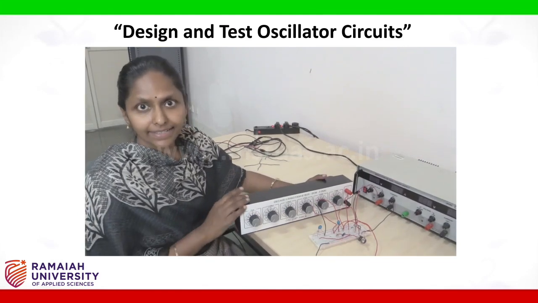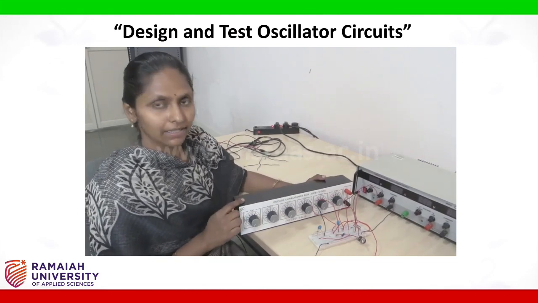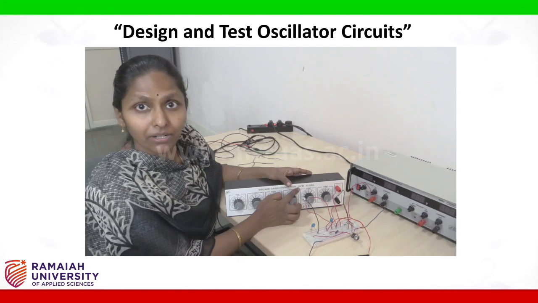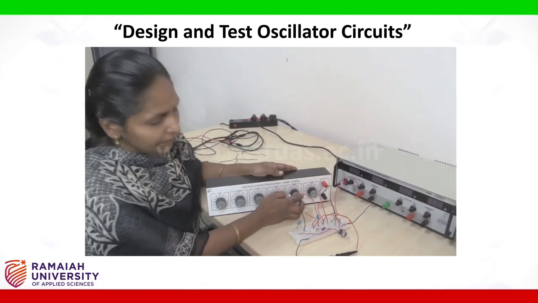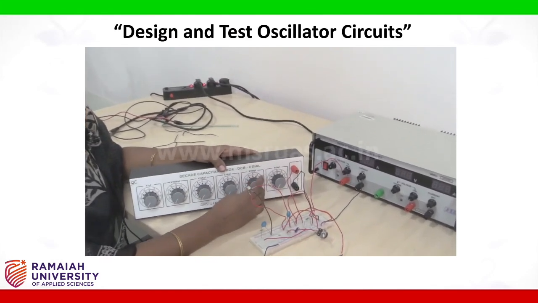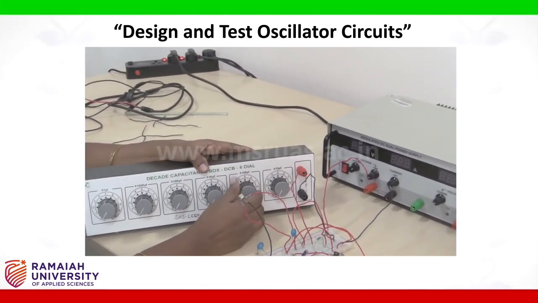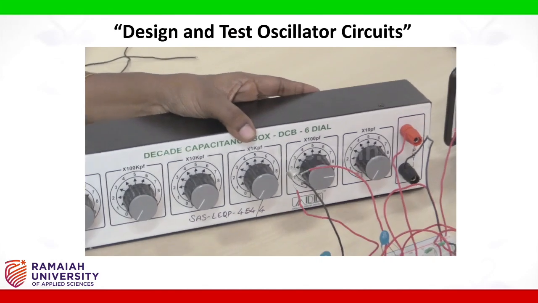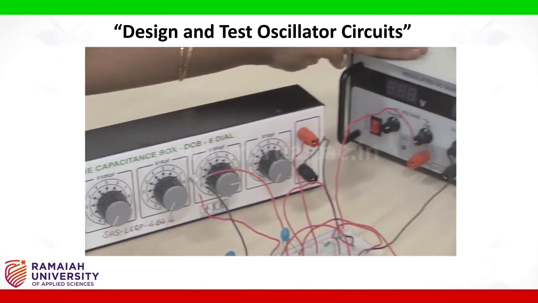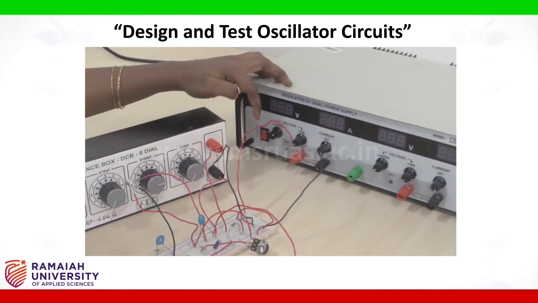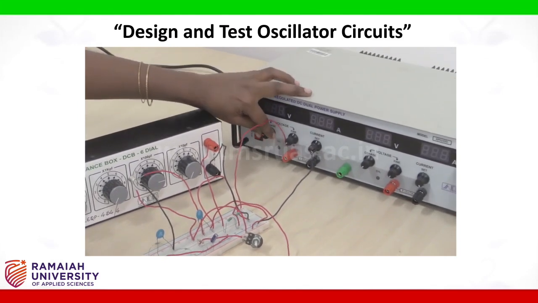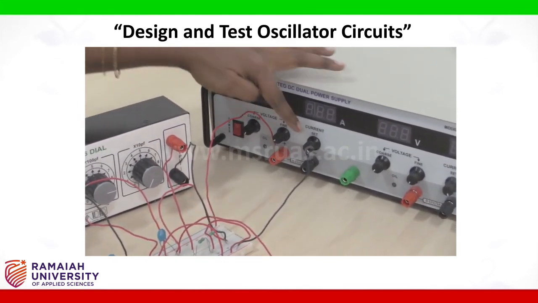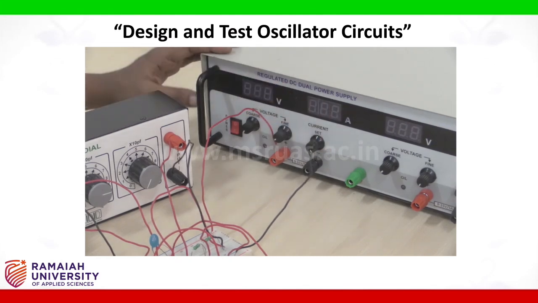Let us start testing the circuit. For that, first in the DCB box keep 800 picofarads. Now switch on the DC supply, but make sure the voltage knobs are at minimum and current setting is at maximum.